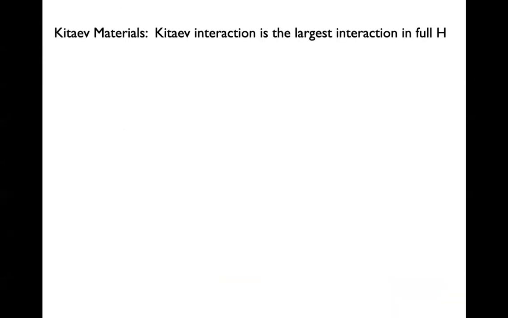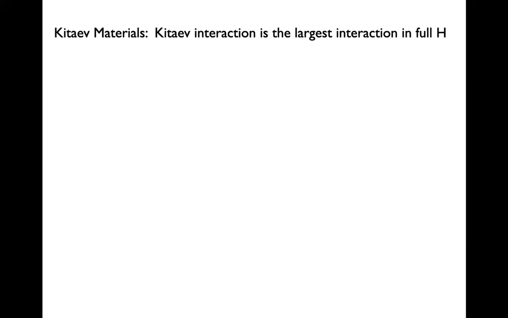Given that my title goes with Kitaev materials, I think I have to define what a Kitaev material is. I'm going to define a Kitaev material as a solid state material that has the Kitaev interaction as a leading term in the full Hamiltonian.